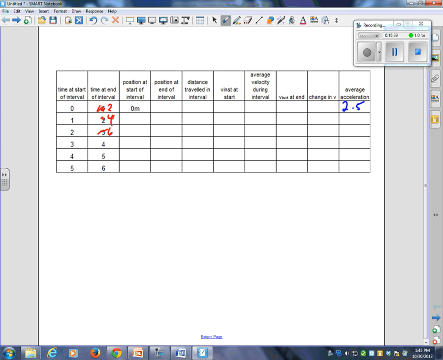So if the average acceleration is 2.5 meters per second squared, it means that the velocity is changing by 2.5 meters per second every second. If it was 10, a second later it's going to be 12 and a half.